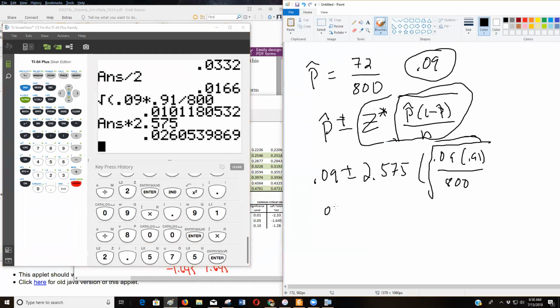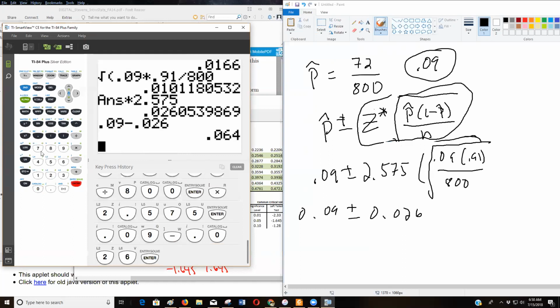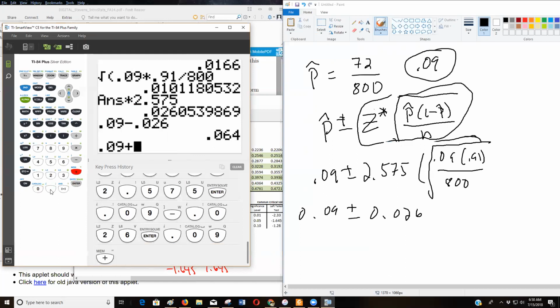So 0.09 plus or minus 0.026. So 0.09 minus 0.026 and 0.09 plus 0.026.